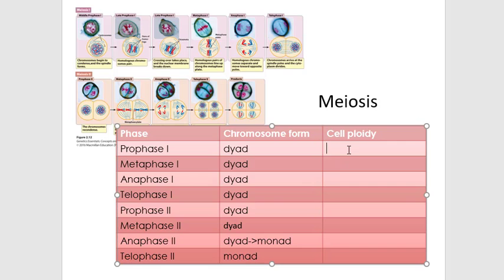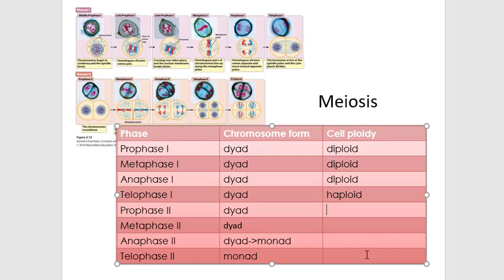Now, ploidy is different. In prophase 1, assuming you're starting with a diploid cell, which is common, that cell remains diploid. Even in anaphase 1, it would have to be considered diploid. And by the end of telophase 1, in other words, when cytokinesis is finished, each cell would be haploid, which in this case would be monoploid.